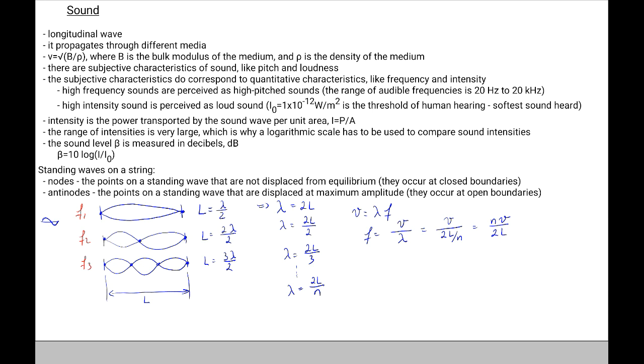Now f1 has a special name. It's called either the fundamental frequency or the first harmonic. Then F2, F3, and any subsequent Fs would be called harmonics. So F2 is the second harmonic, F3 is the third harmonic, and so on.